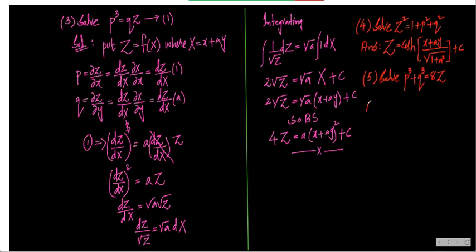And the answer you are getting here for this standard form 2 type question is z square into 1 plus a cube is equal to 4 by 3 into x plus ay whole cube plus some constant.